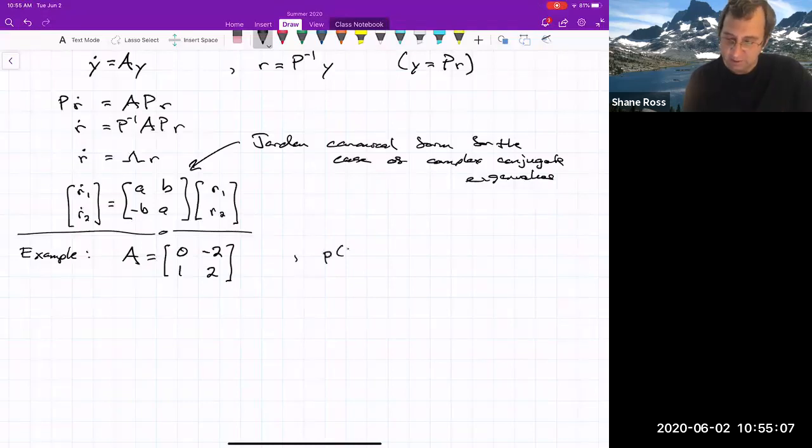We first calculate the equation, the polynomial for the lambdas. So this is the determinant of lambda times the way I write the identity is like a giant one. So that's a 2 by 2 identity minus A. You get lambda squared minus 2 lambda plus 2.